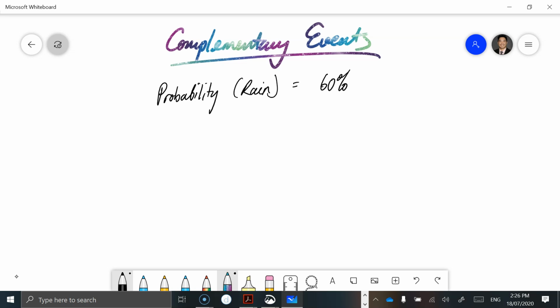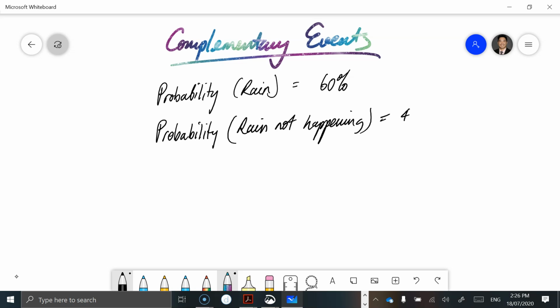Then the probability that complements that, that rain not happening, would be whatever's left over, 40%, okay? Because 60 plus 40 is equal to 100%, all right? So that's what complementary events are.